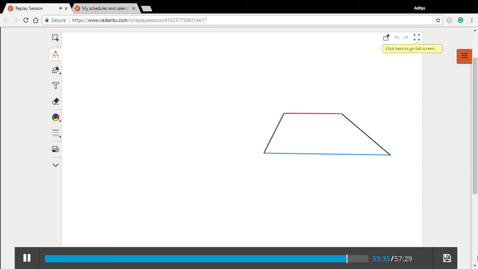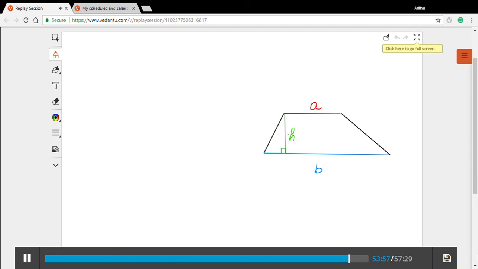It's half times, you have to add both the parallel sides and multiply it with the height. Correct, very good. Let's consider this is h, the height, or the distance between the two parallel sides.